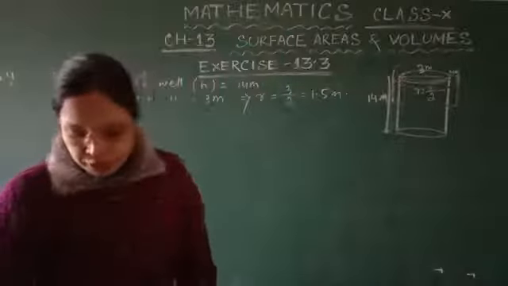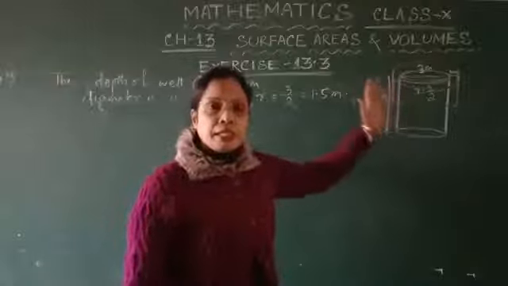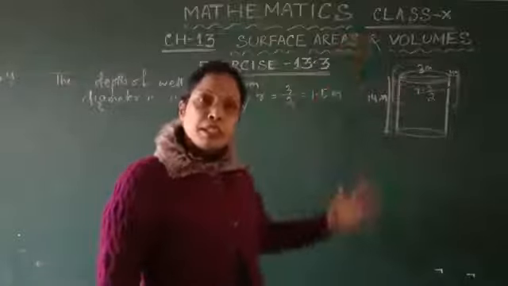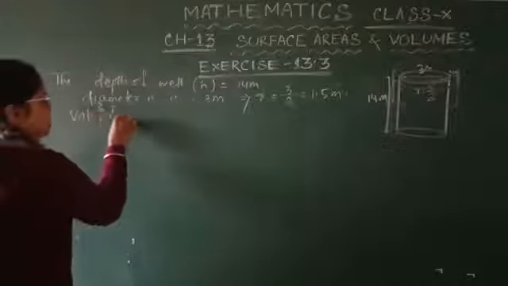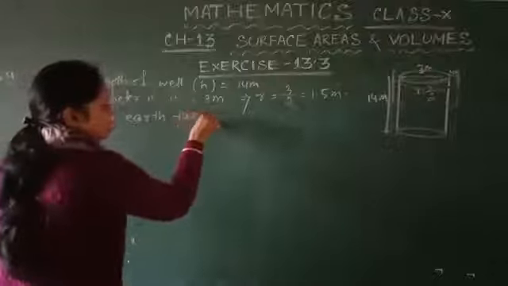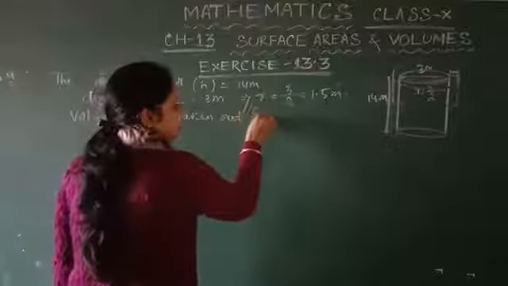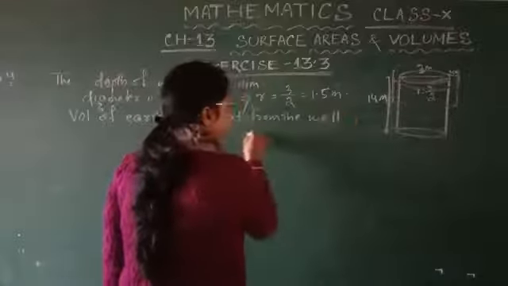Okay. Now here we find the volume of the earth taken out from this well. So here you write volume of earth taken out from the well is equal to what?